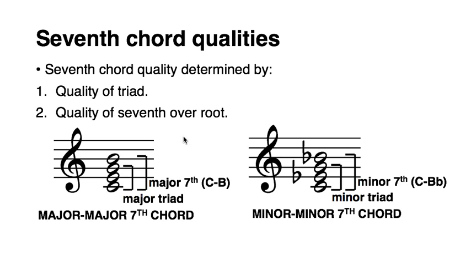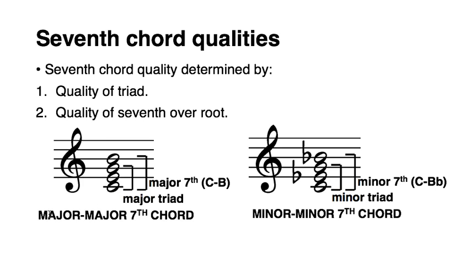And I've changed B to B flat, so I've shortened the distance from the root to the seventh from 11 semitones to 10 semitones. And that makes for a minor seventh. So I have a minor triad with a minor seventh between root and seventh. And that particular seventh chord is called a minor triad, minor seventh chord.